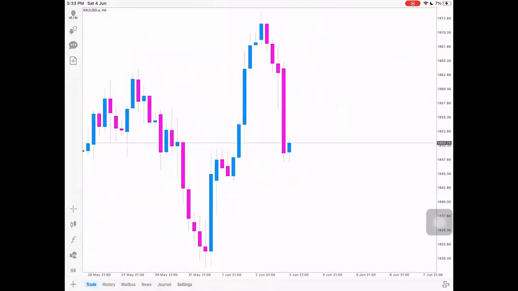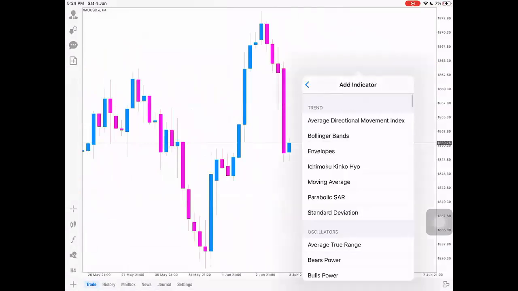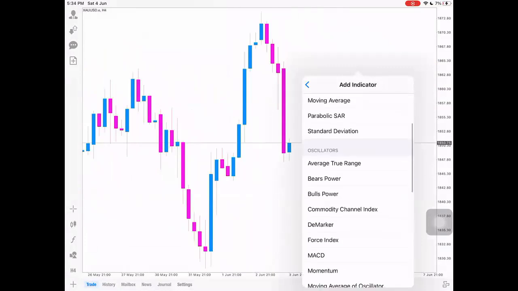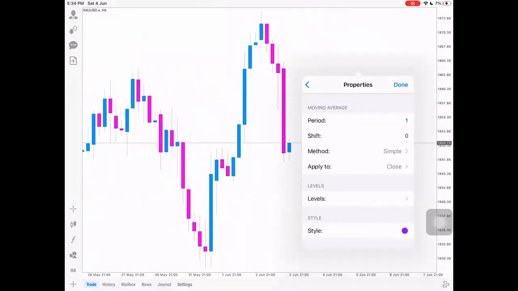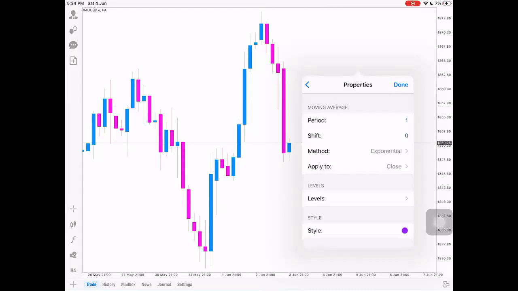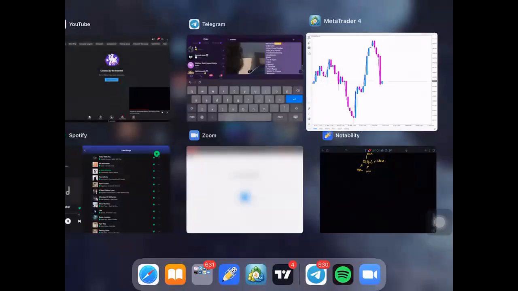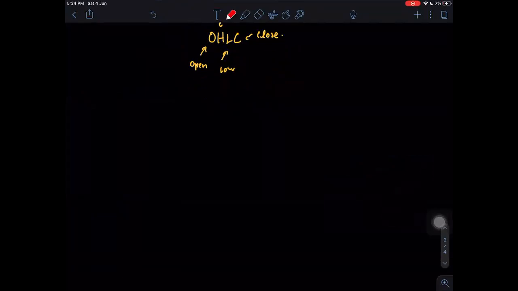So what you have to do is add an indicator: moving average, period 1, shift 0, method, any is okay, exponential, smooth or linear weighted, all of them are the same because the period is 1, and then apply to close. Remember, apply to close. And you're going to have a line chart inside a candlestick chart. Okay. And so what is a line chart?